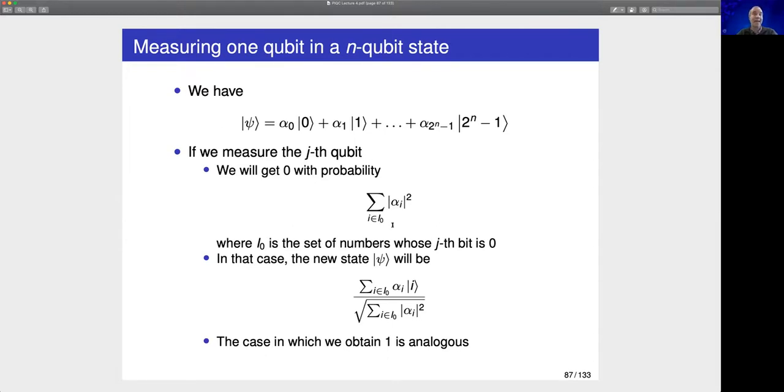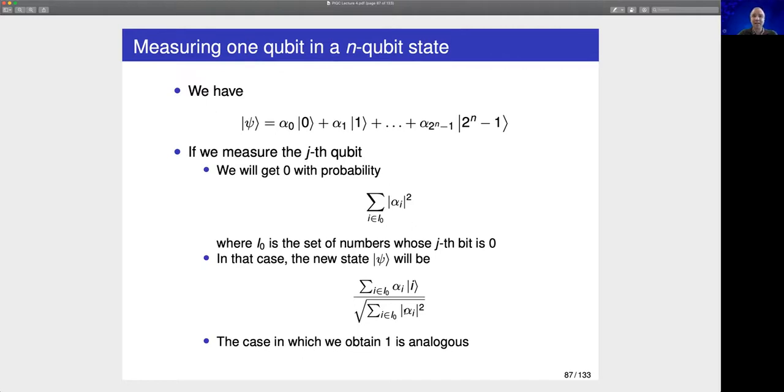Okay, now the state will collapse to a superposition of all those possibilities which are compatible with having a 0 in the position J. And that is exactly this sum here, and we need to normalize by this factor in order to have something that satisfies the normalization condition.